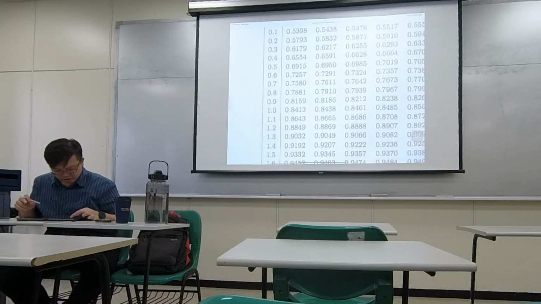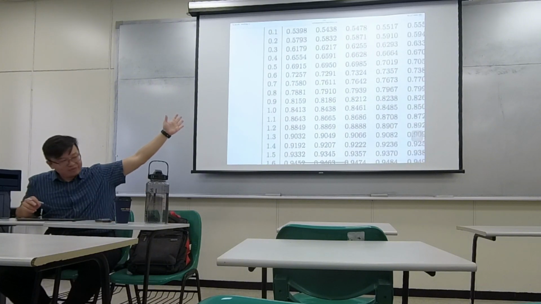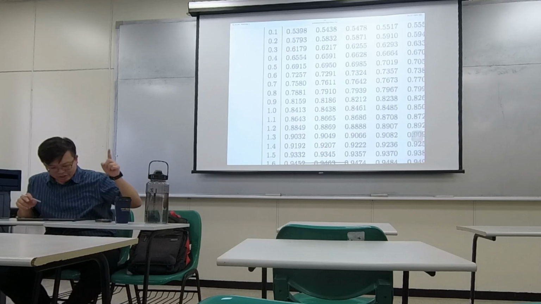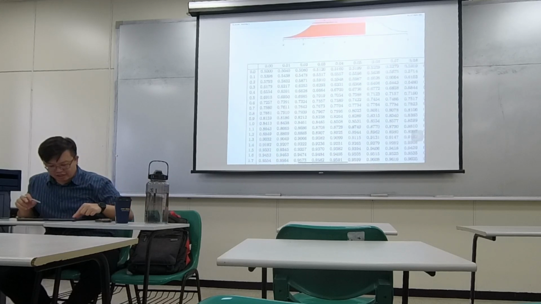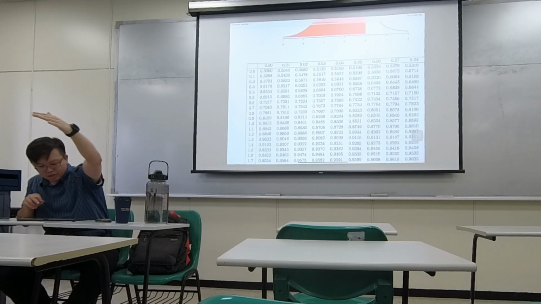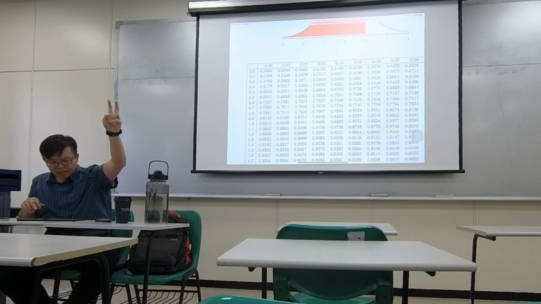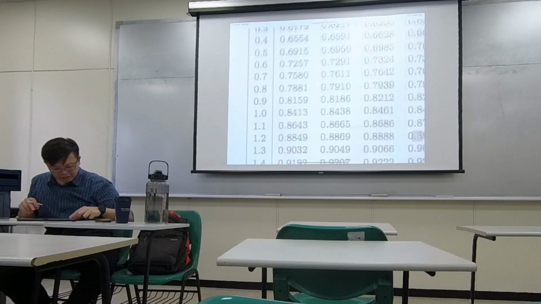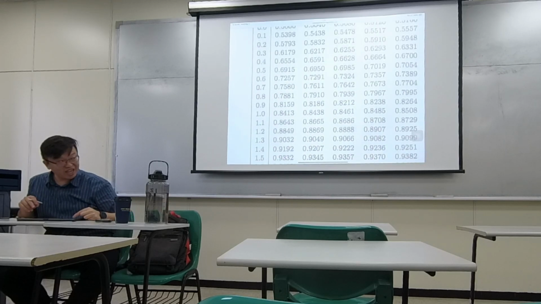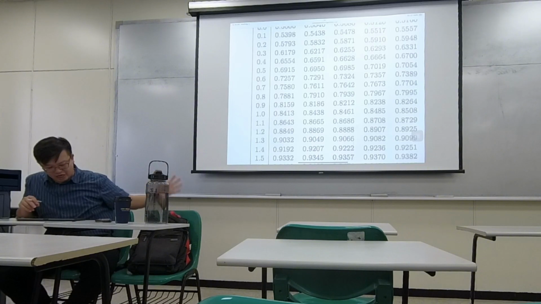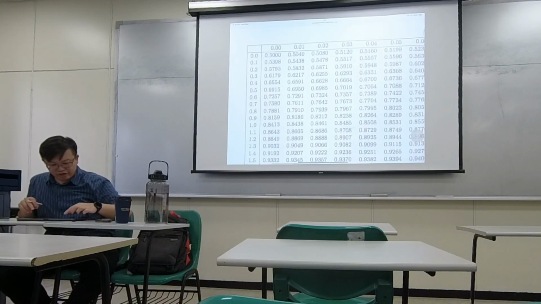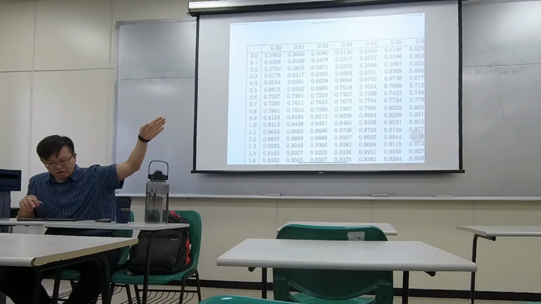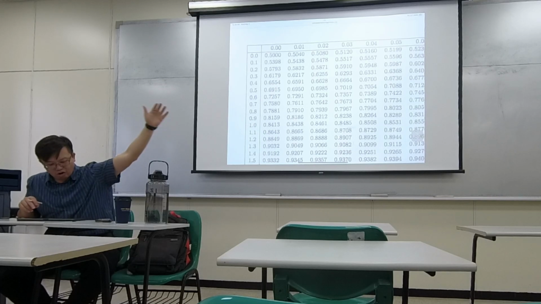So right here, for the left column, 1.0, and the first row gives you the second digit after the dot. So you read 1.0 on the first column, and then you read 0.00 from the first row.